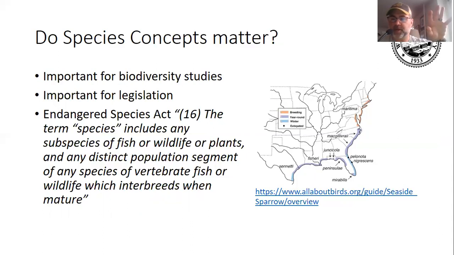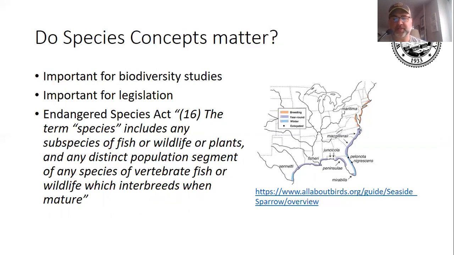So they recognize a population segment as a species, which would be the evolutionary species concept. However, it says of any species of vertebrate, fish, or wildlife which interbreeds when mature. So they're going back to the biological species concept. And it says which interbreeds, not can interbreed.